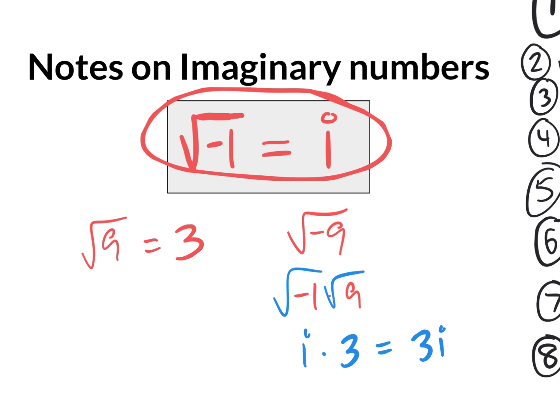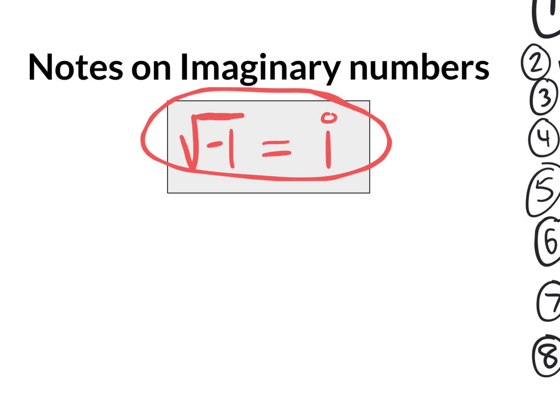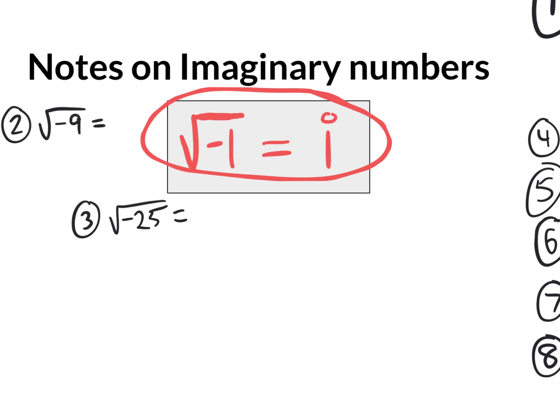So if I were to say, let me see. Oh, we already did that one. The square root of negative 25, what's the answer there? Okay, once again, anytime you have a negative sign, that's going to come out as i.